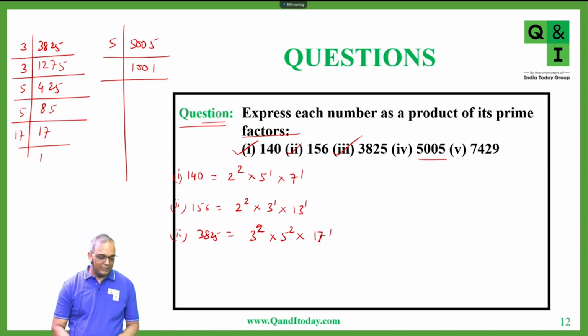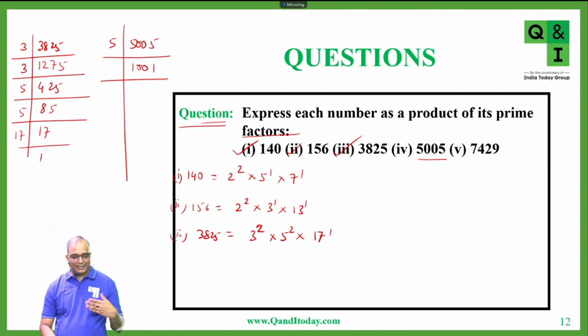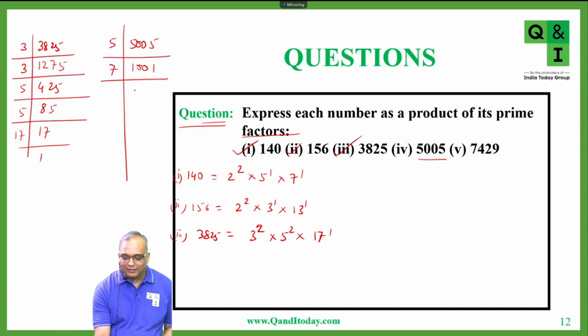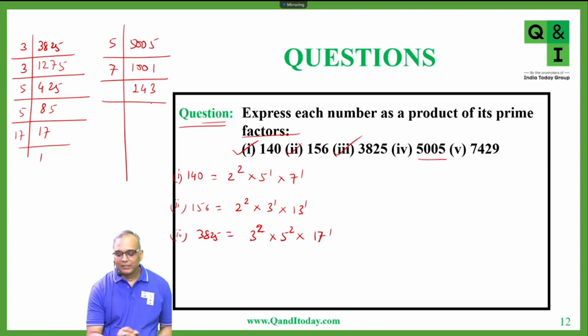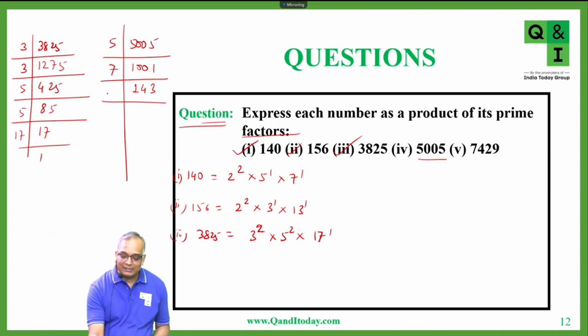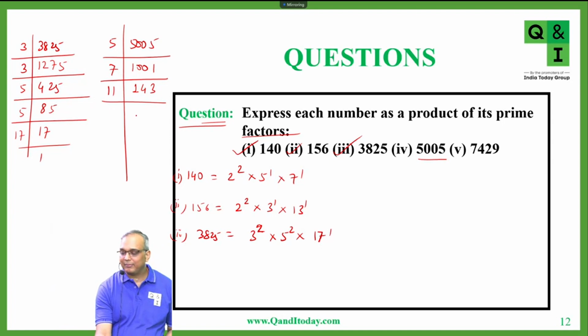Now 1001, let us check it by another prime factor, that is 7. If you divide it by 7, 7 times 1 and 30, 7 fours are 28 and 7 threes are 21. So 143. So this is divisible by 7. Now the next prime factor is 11. Let us check it by 11.